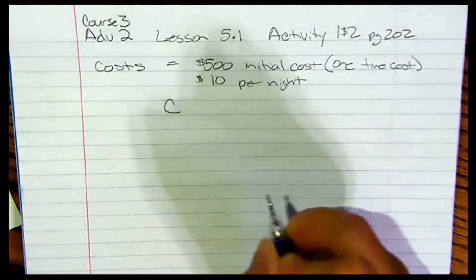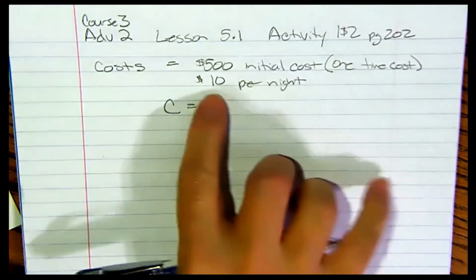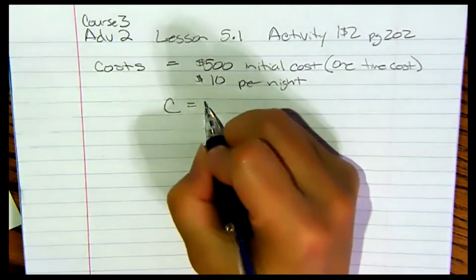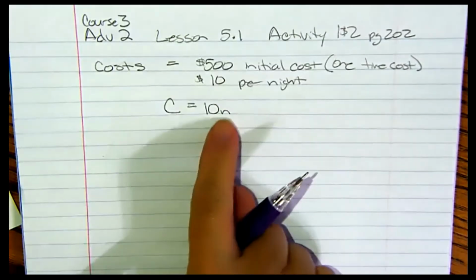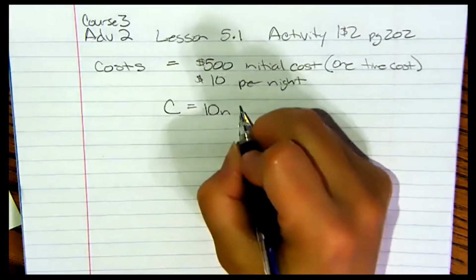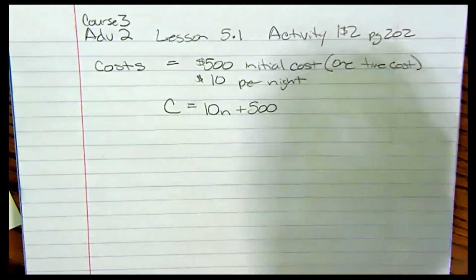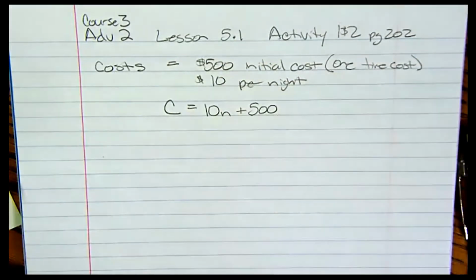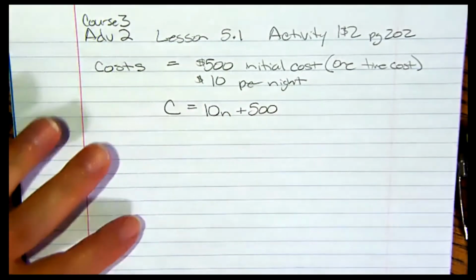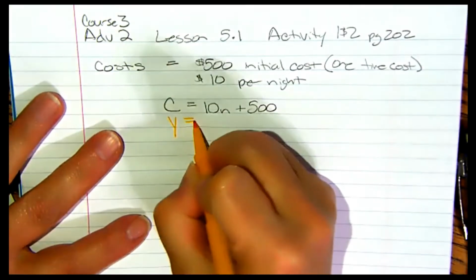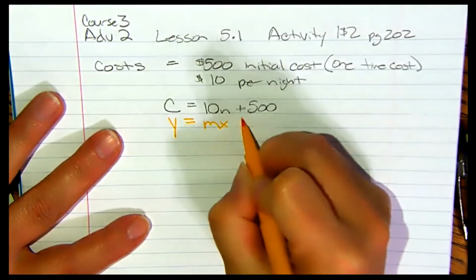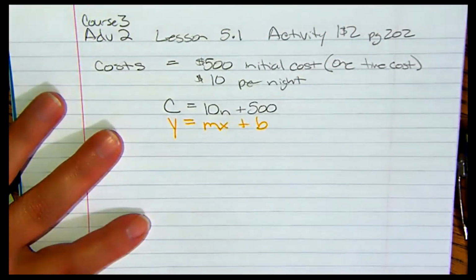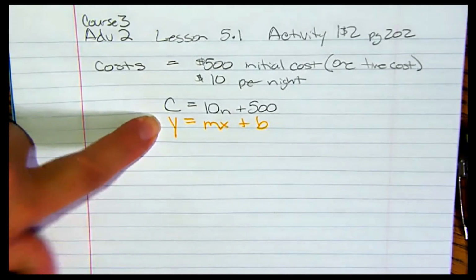So my costs are equal to $10 per night plus the $500 initial fee, the initial cost. It's a one-time fee. So when we look at this, does this look like y equals mx plus b? It does.